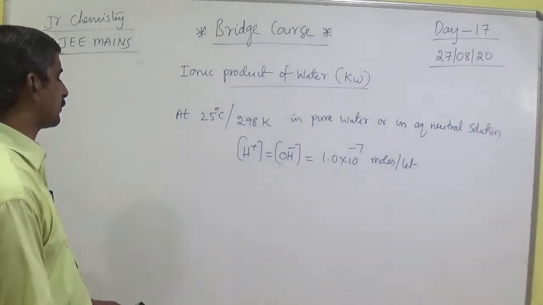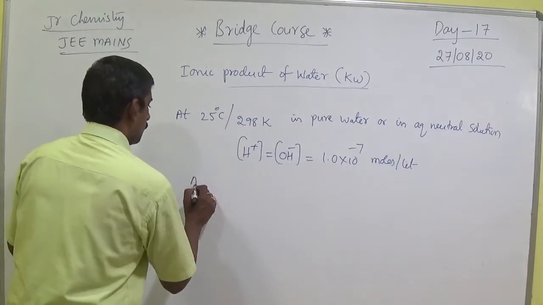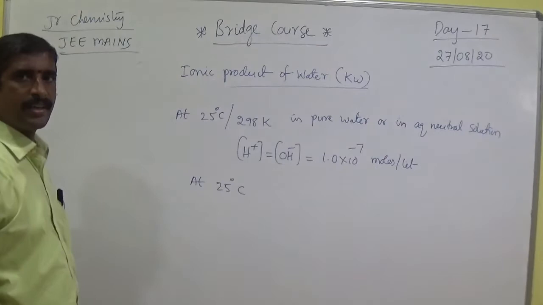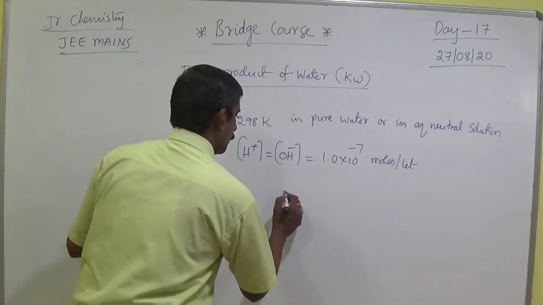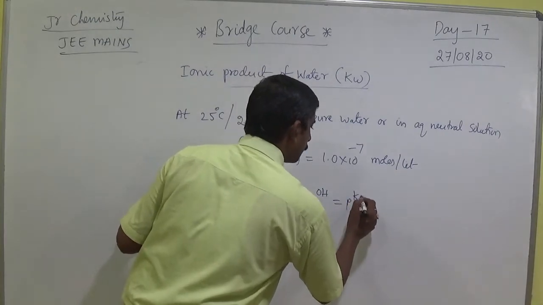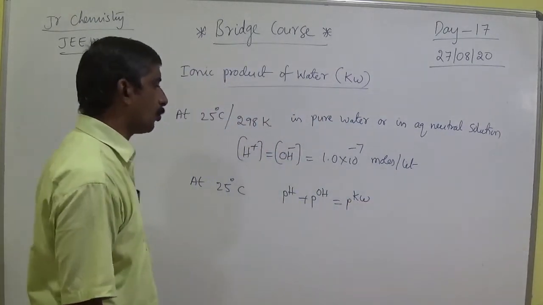And another one is, at 25 degrees centigrade, pH plus pOH equals pKw. pKw means how much? 14.